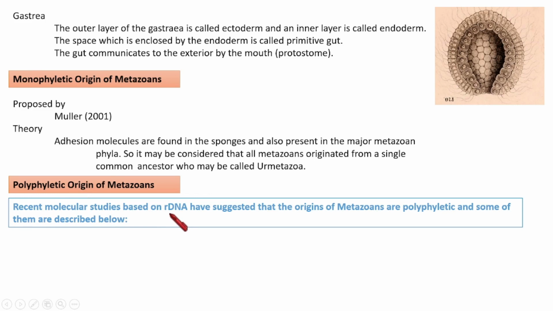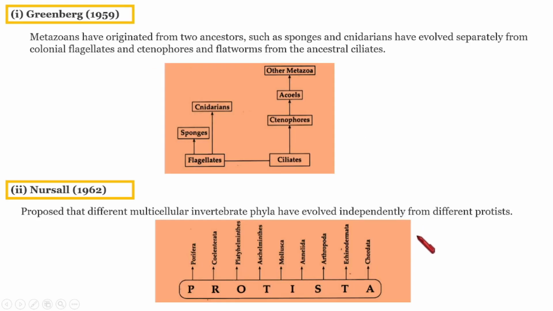Because as a result of so many rDNA-based molecular studies, it suggested that metazoans' origin is polyphyletic. So, that hypothesis was proposed by various scientists that we are going to see next.